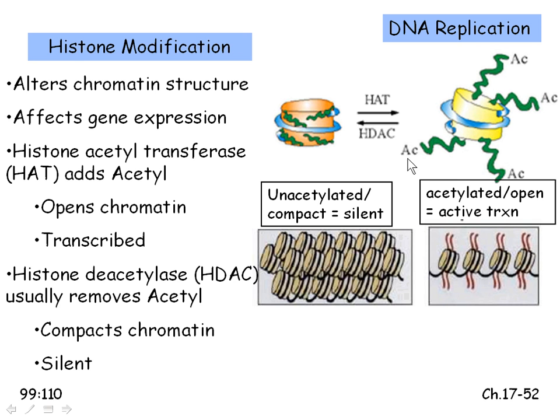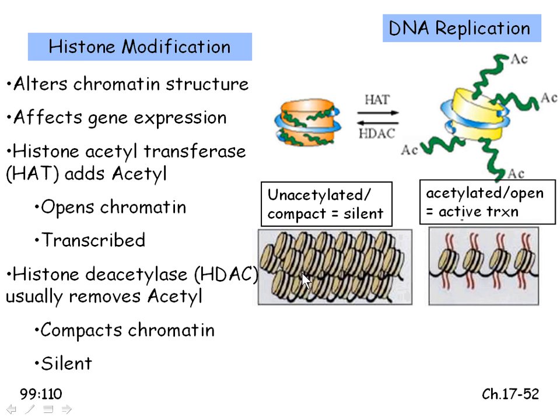There's also histone deacetylases, HDACs, which serve to remove acetyl groups. So if you have a situation where the acetyl groups are already present, they can be removed with the HDAC to tightly compact the DNA and the chromatin, and thus make this DNA transcriptionally silent because it's so tightly compacted and it's not as easily accessed by the RNA polymerase.